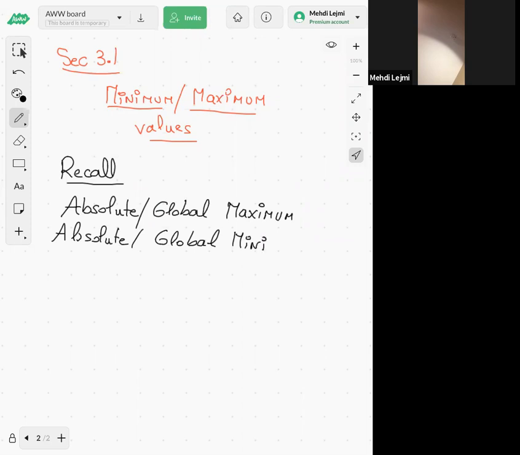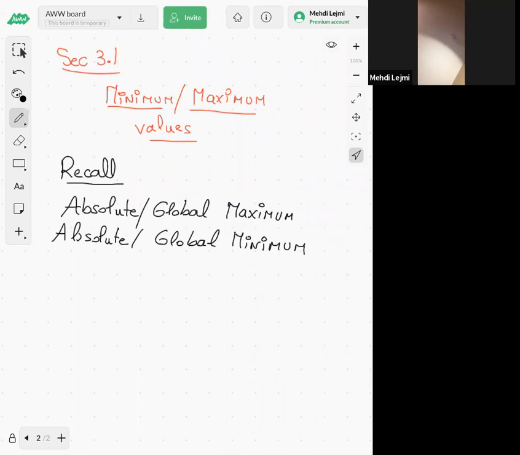We said an absolute maximum is the highest point of the graph, and an absolute or global minimum is the lowest point in the graph. So that's basically the idea.